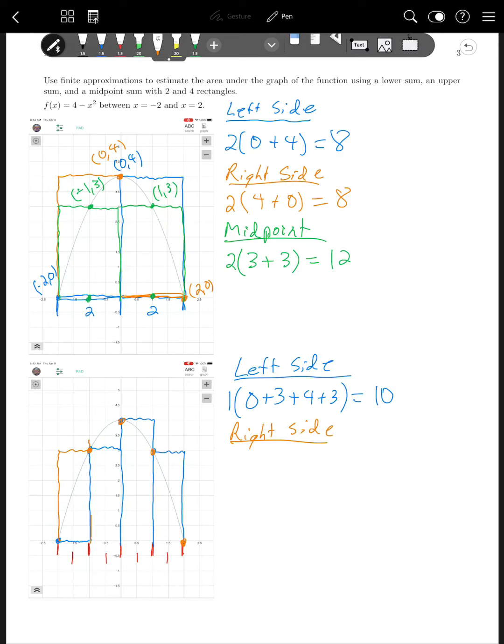So then for the right side, we do the right-hand side of each interval. So we go to the right-hand tick mark here. So this first one would happen at -1, so that's here. Then the second one would happen at 0, then at 1, and then at 2. So our rectangles would look like this.